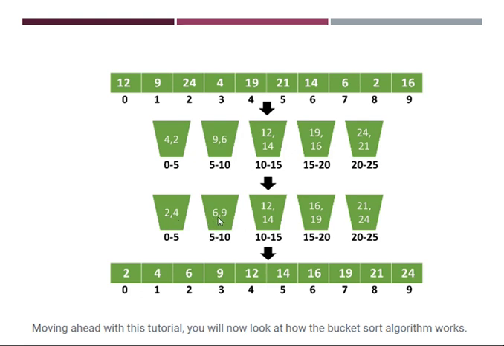From 5 to 10, 6 and 9 have been sorted. Finally, when we take out the elements from the buckets, we take them from the lowest value bucket till the highest value bucket. So this is the final sorted series that we get using the bucket sort algorithm.